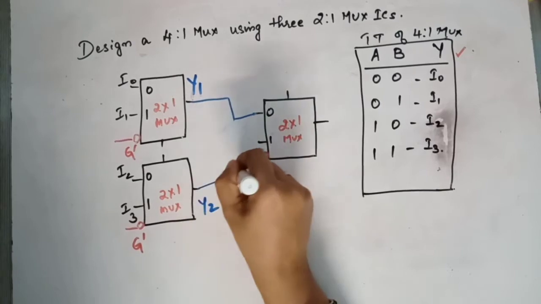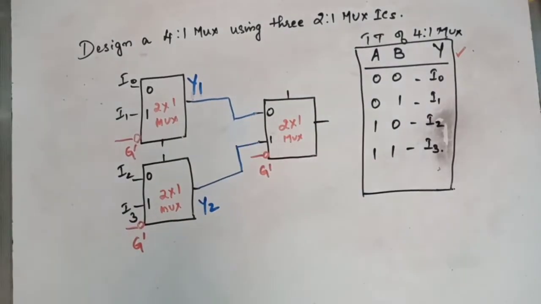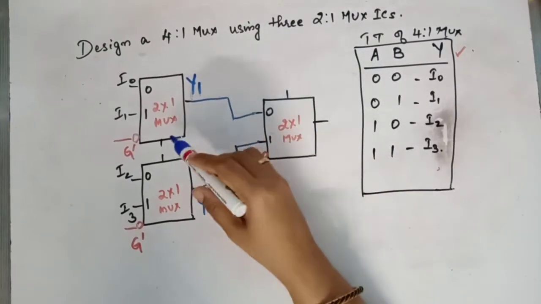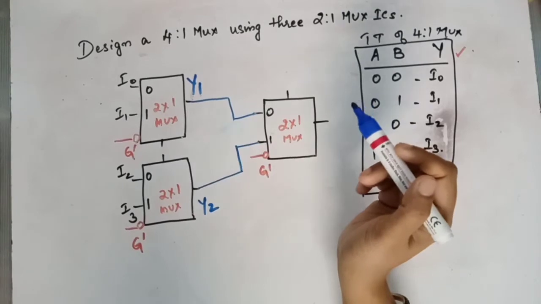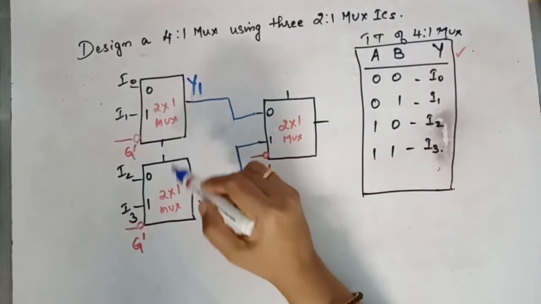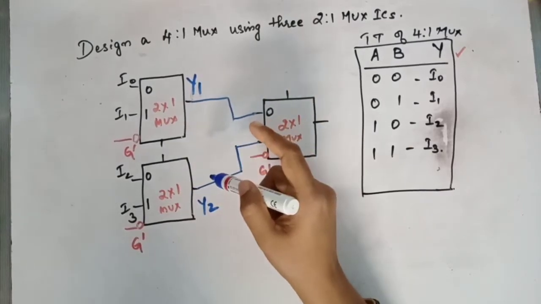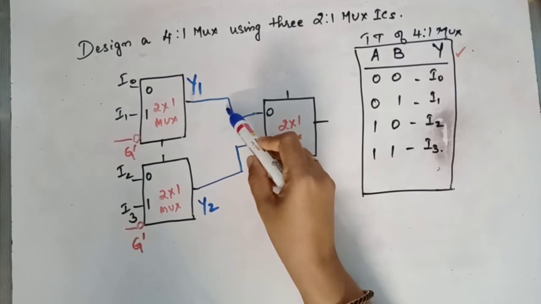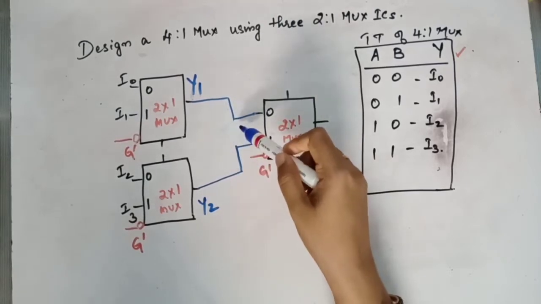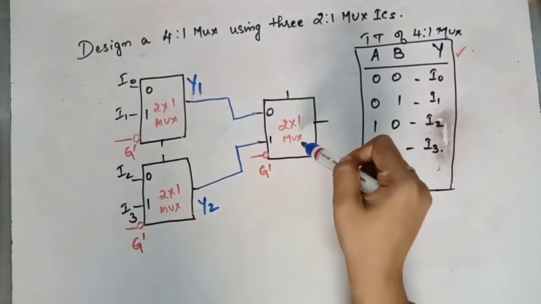So this multiplexer will select either of the two multiplexer outputs. That means that both the mux ICs can be active at the same time. You can have an output at Y1 and you can have an output at Y2. Which one do we need? That is decided by the third multiplexer.